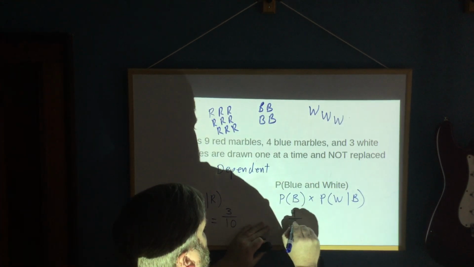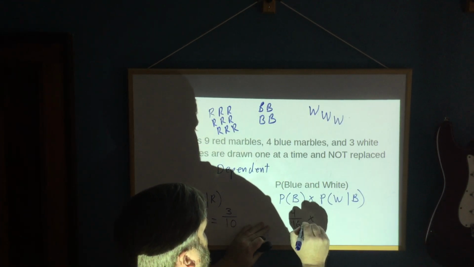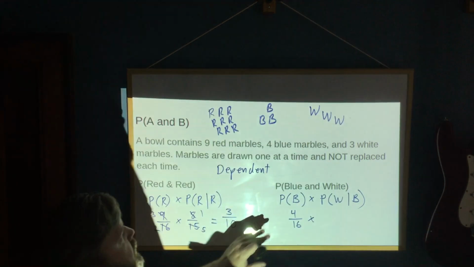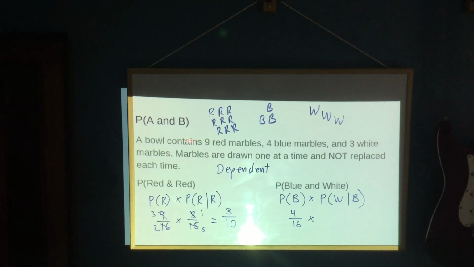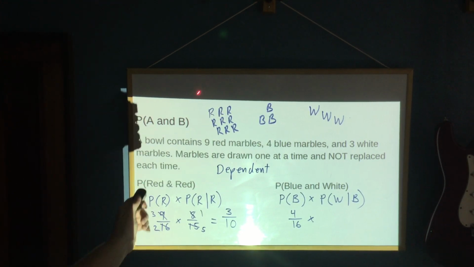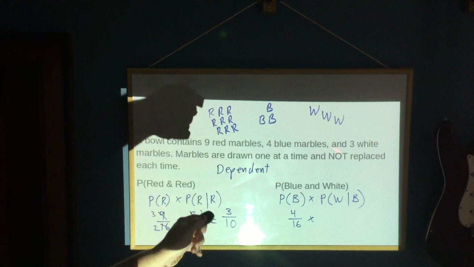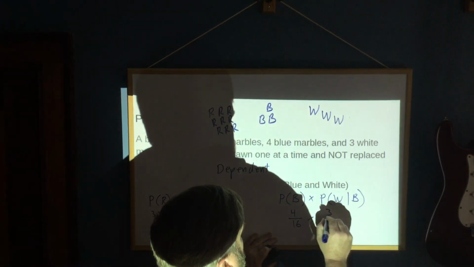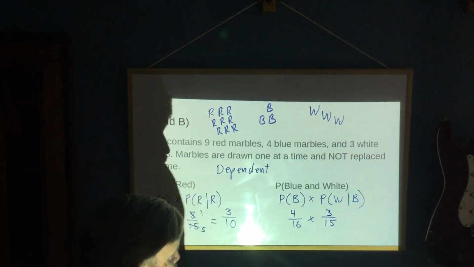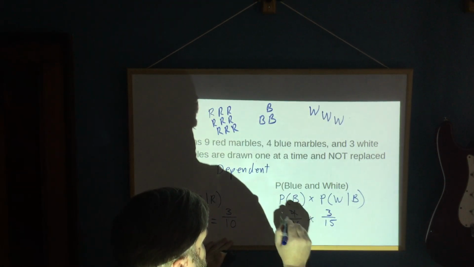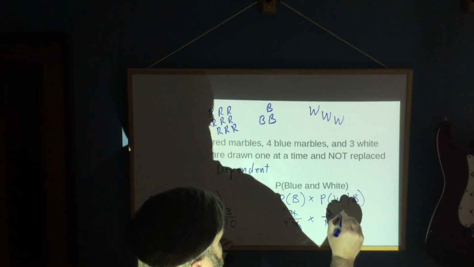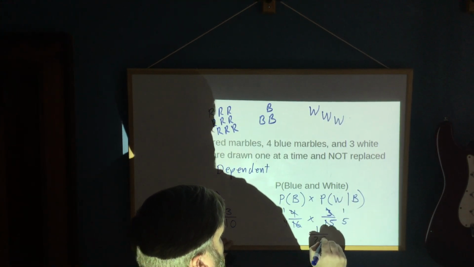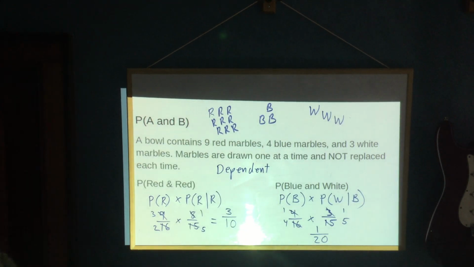So that's 4 out of 16 times, now blue one's gone. So now, instead of having 16 total marbles, we have 15. 9 plus 3 plus 3, that's 15. 3 of them are white out of 15 possible. That reduces to 1/4. That reduces to 1/5. So we get 1 out of 20.